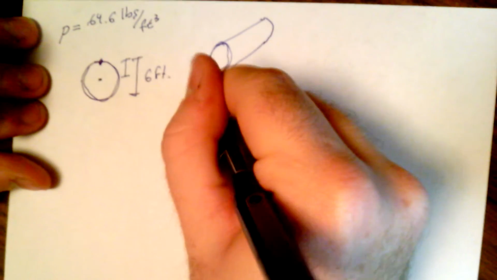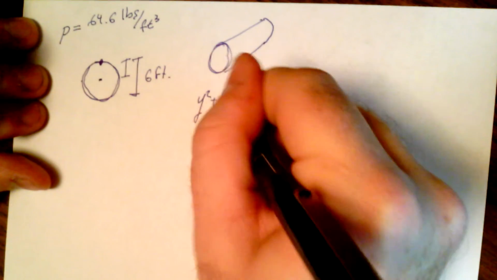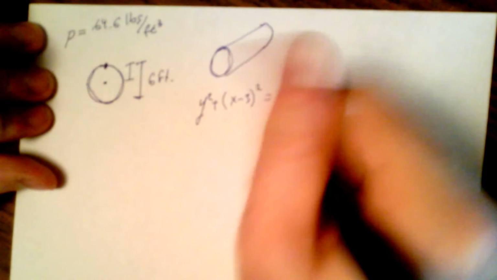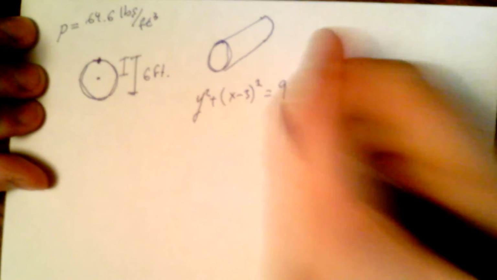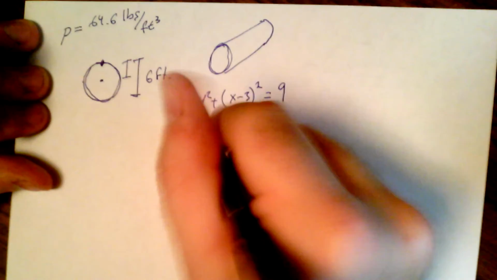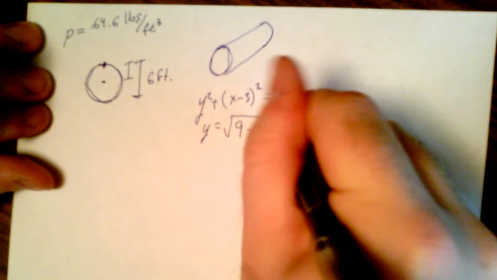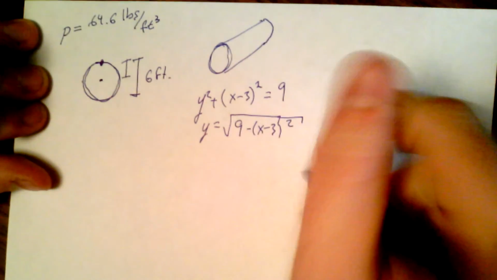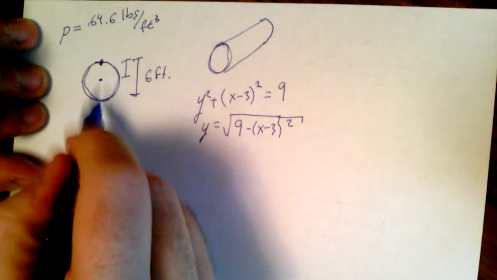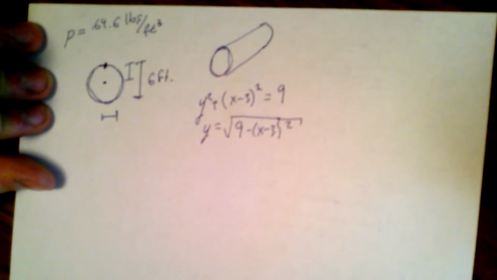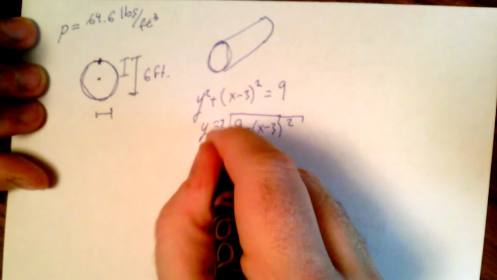So I get y squared plus x minus 3 squared equals our radius squared, so 9, which means that y is equal to the square root of 9 minus x minus 3 squared. This gives us, of course, only 1/2 of the distance across, so I'm going to multiply this by 2.